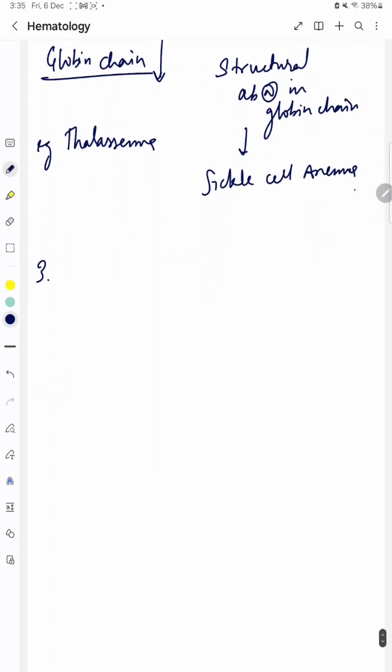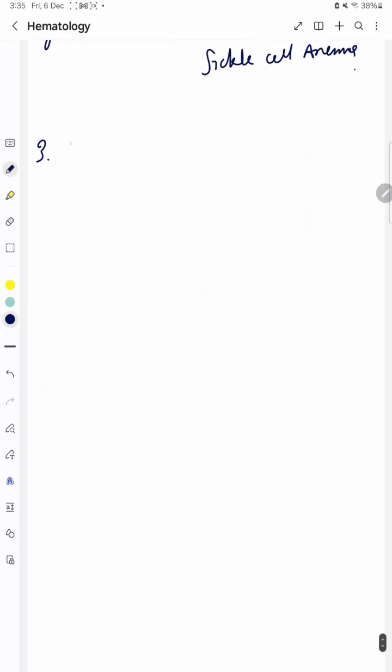Another category of increased RBC destruction is acquired genetic defects.